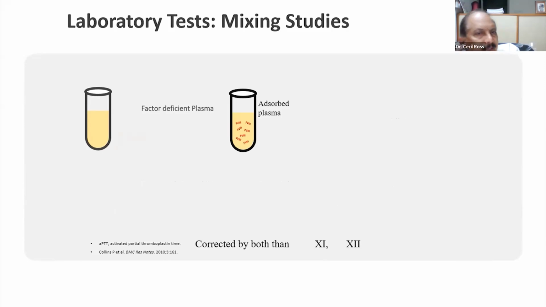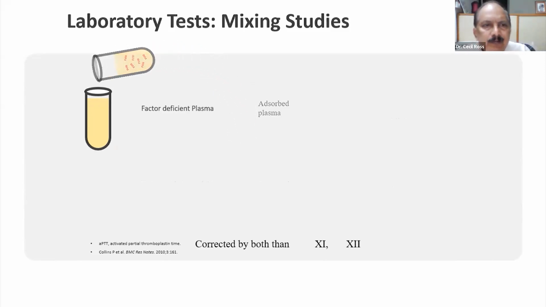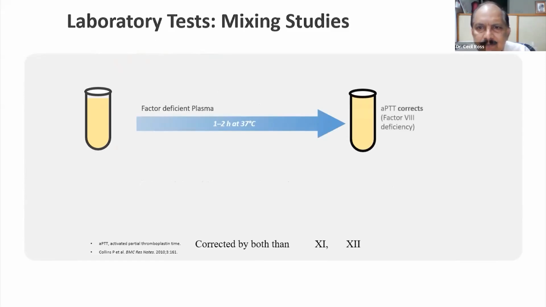Now there's another reagent, adsorbed plasma, and another reagent called aged serum. Now supposing you have factor deficient plasma and you add adsorbed plasma to that tube and it corrects. That means it is factor 8 deficiency, so adsorbed plasma is a source of factor 8.